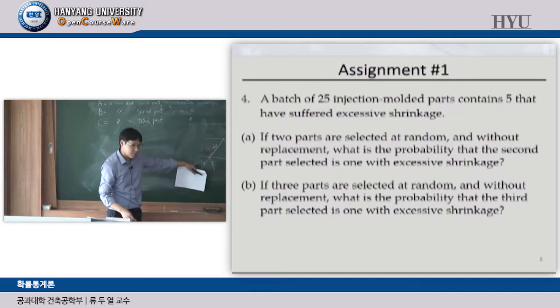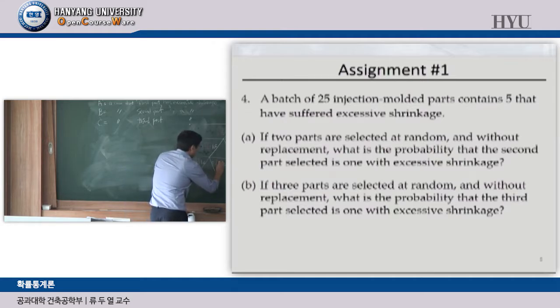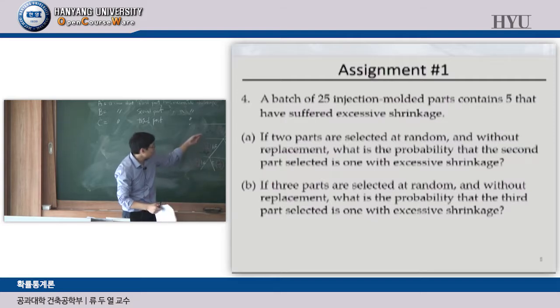And what is the probability for this case? That is 18 over 23, right? And what about this case? That is 5 over 23, right? Because for the first part and the second part, the part with excessive shrinkage was not selected yet. So there are still 5 parts with excessive shrinkage in this case. Okay? So the probability will be 5 over 23.